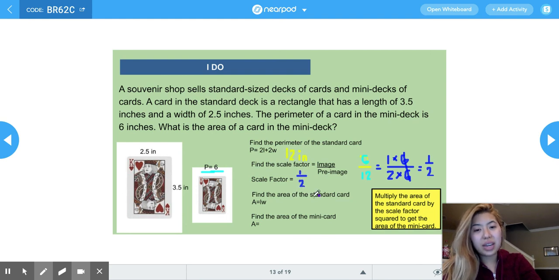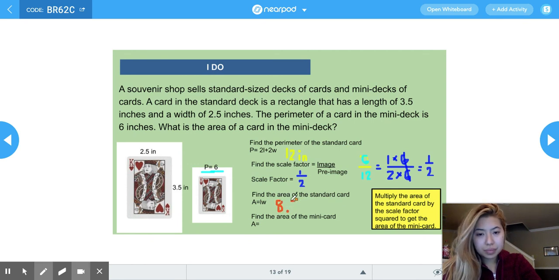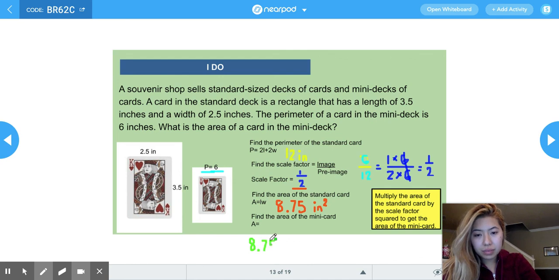So now we have to find the area of the standard card deck. So 2.5 times 3.5, and that is 8.75 inches squared. And so now that we have the scale factor and we have the area, what we're going to do is 8.75 times our scale factor squared.